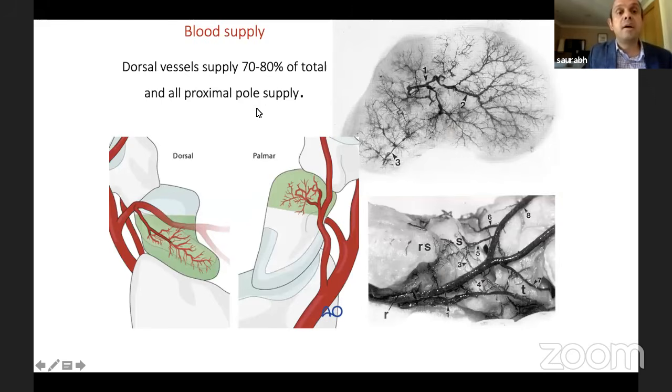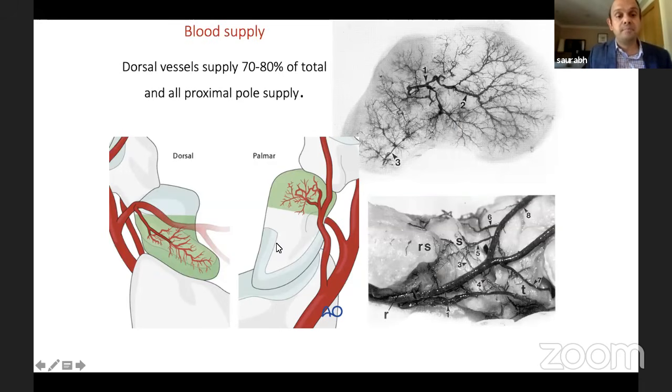So blood supply, you need to know dorsal vessels. Your radial artery, once it goes dorsal, will give a dorsal carpal branch. That dorsal carpal branch is the sole supply to proximal pole, and almost 70–80% of the total scaphoid is by the dorsal carpal branch.